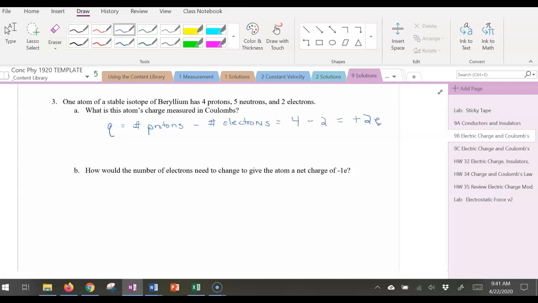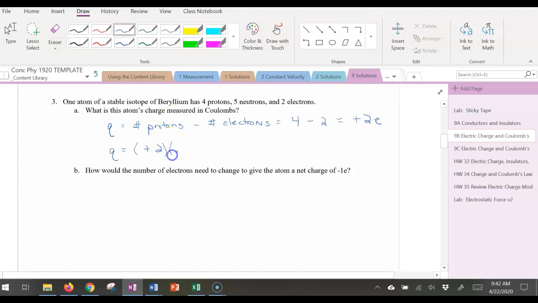So this atom has a positive charge, but that is measured in elementary charges, lowercase e. That's not coulombs. So if I want that charge in coulombs, I have to take that charge in terms of the elementary charge and multiply it by what the elementary charge is. And actually, maybe I should write it like this.